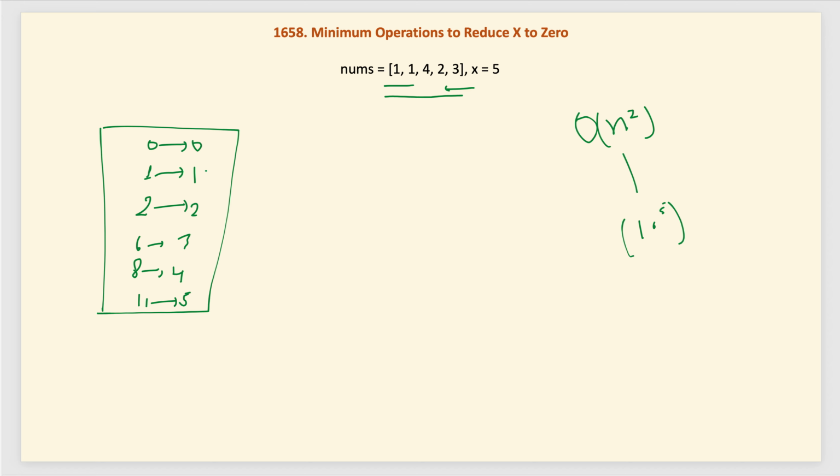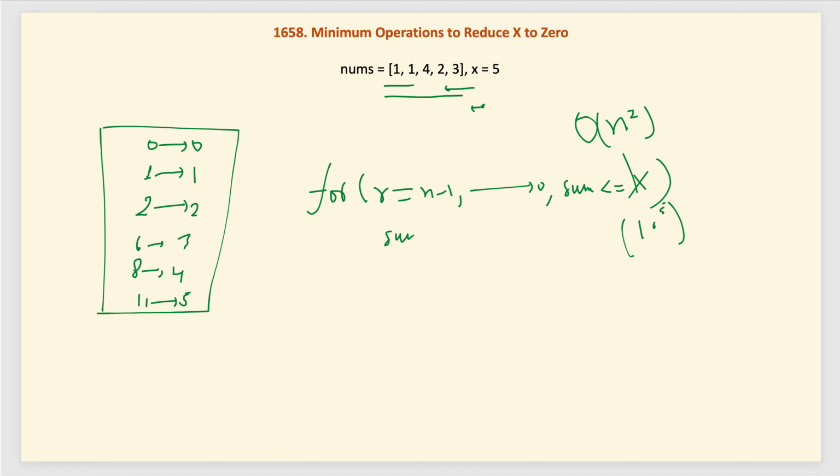Now, what we will do, we will start from the rightmost of this array and iterate, with r equal to n minus 1 going down to 0, and keep a sum variable.